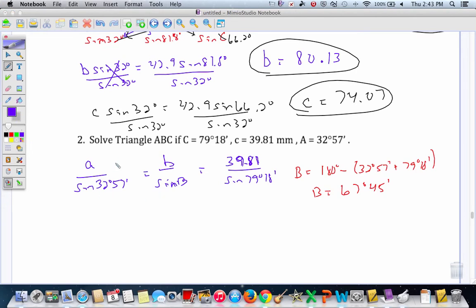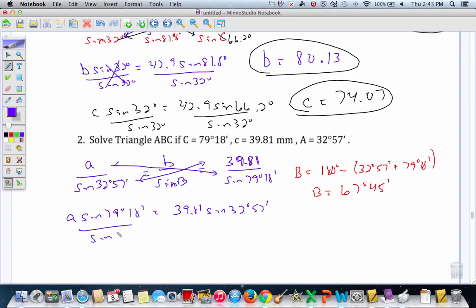I would then move on to solving for side a by cross multiplying with these two sets of information. a times the sine of 79 degrees and 18 minutes equals 39.81 times the sine of 32 degrees and 57 minutes. And I'm going to get a by itself by dividing by the sine of 79 degrees and 18 minutes.